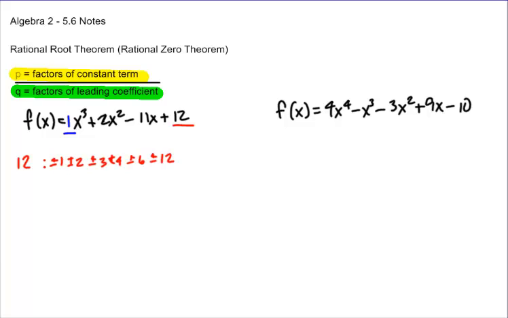And we're going to put all those guys over all the things that make 1. Well, for us, that's going to be plus or minus 1 times 1.